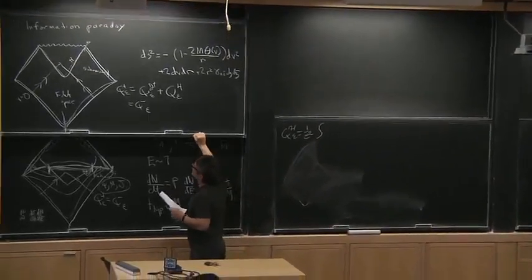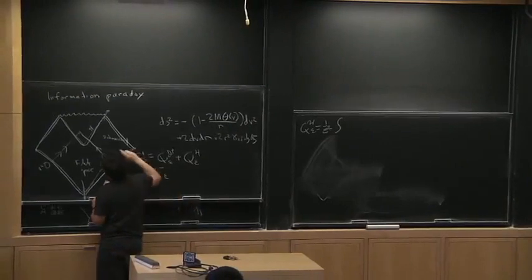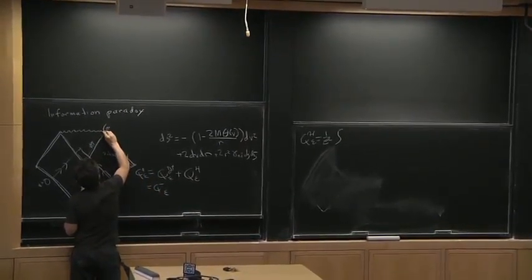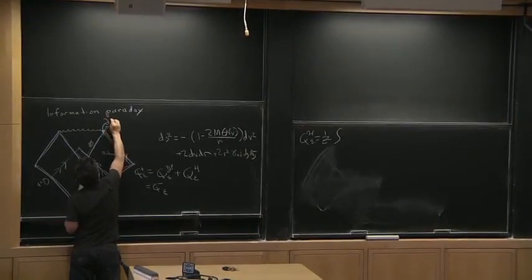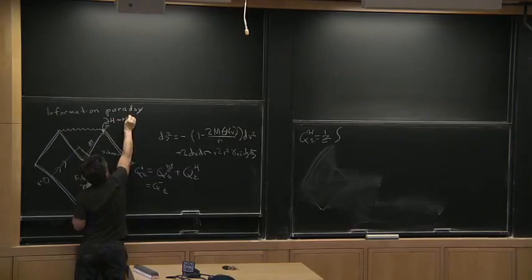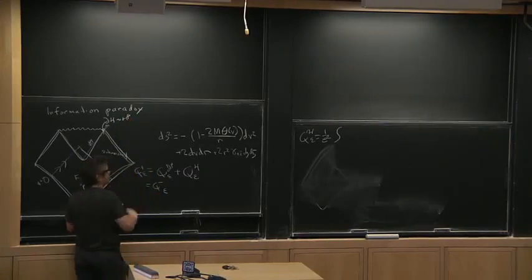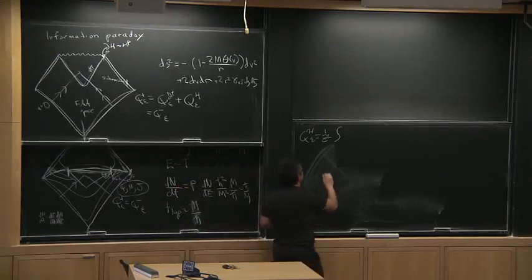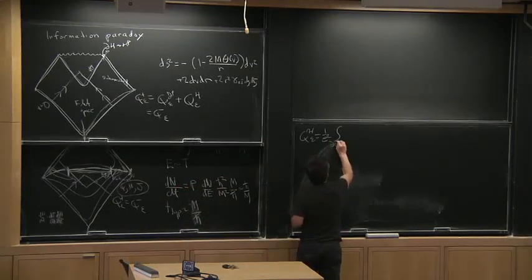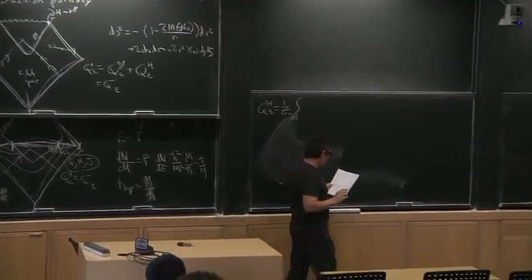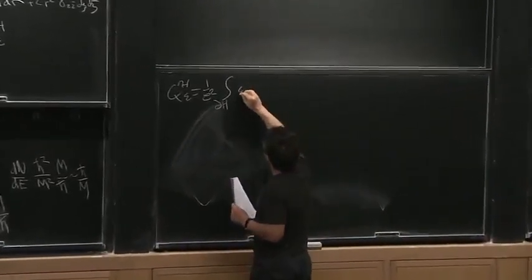Let's call this the horizon H, and this surface up here, sometimes I call it H plus, or sometimes I call it DH. Somehow today DH, the boundary of H, sounded like a better term. DH, the future boundary of the horizon, of epsilon star f.